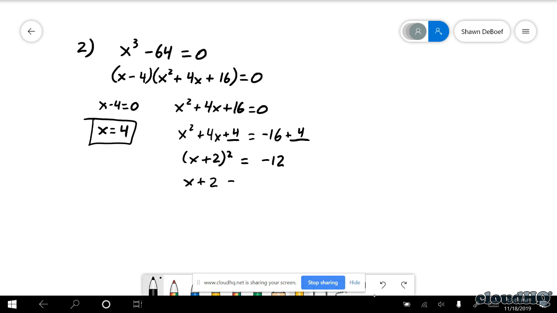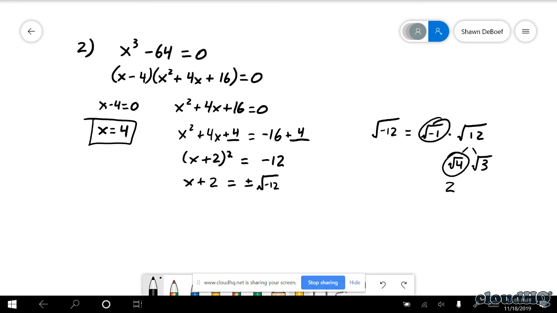x plus 2 equals plus or minus, and now we'll have the square root of negative 12. But we can simplify the square root of negative 12. We can think the negative 1 and the 12 can be separated. The square root of 12 breaks down to square root of 4 and square root of 3. Square root of 4 equals 2.